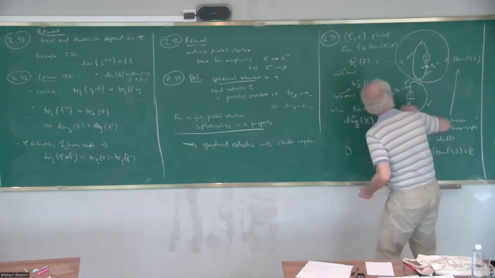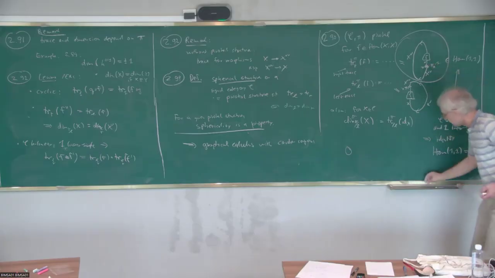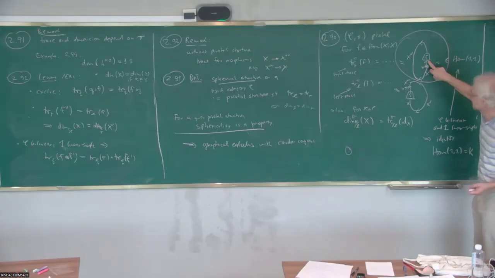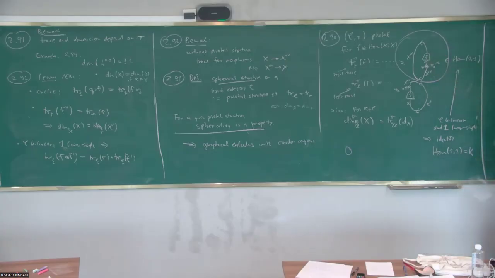For a coupon like here, it's clear according to my conventions that what is on the bottom is the domain, and what is on the top is the codomain.